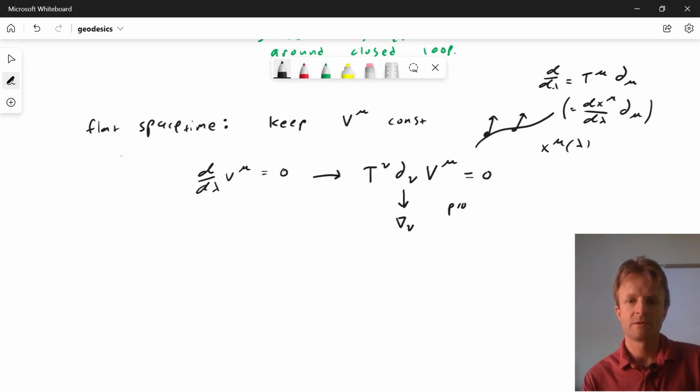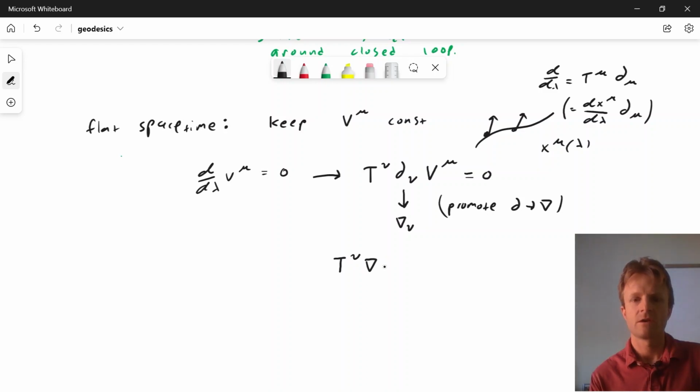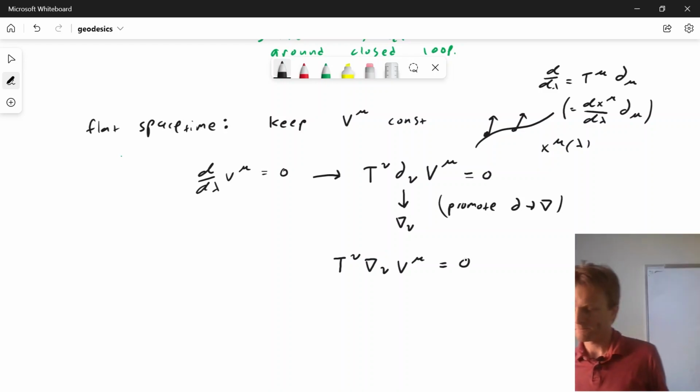So promote partial to triangle. And then what's the law? Well, we get T^ν ∇_ν v^μ = 0.